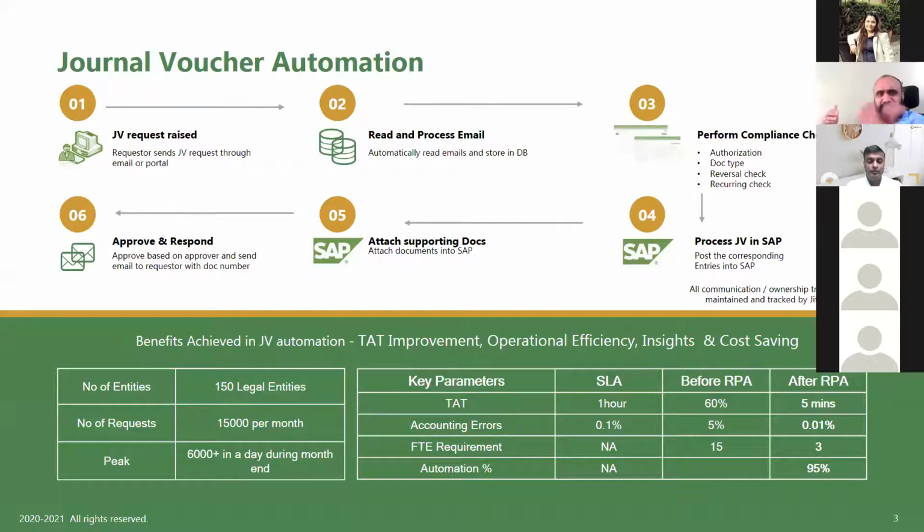What we did then, we worked with Gphy.ai, and we created a traditional bot-based process to make sure that the requests, once you receive them, get picked up, get processed, go into SAP, and the validations are done. After the processing is done, very importantly for our compliance requirements, you need to get the supporting documents attached in SAP and send it to the approvers for approval.